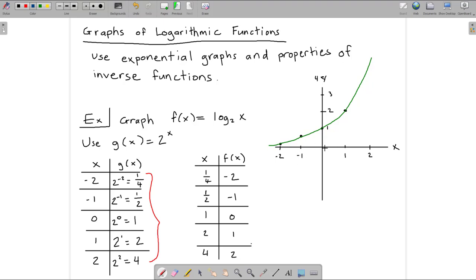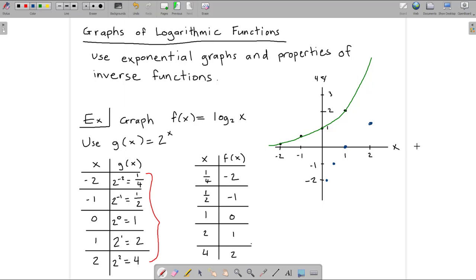So let's plot those on our graph here. We have 1/4 comma negative 2. I need to make some markers for negative 1, negative 2. So 1/4 is going to be around here, pretty close to the y-axis this time, and negative 2 will be down here. 1/2 comma negative 1. 1 comma 0. 2 comma 1.